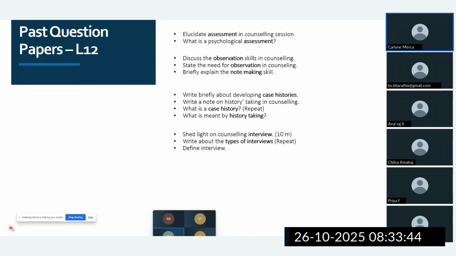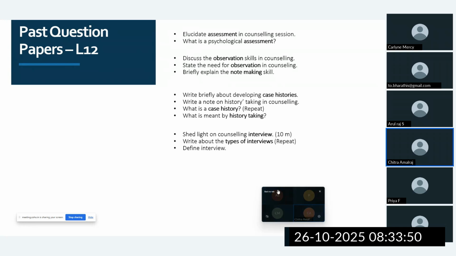Questions? Bharathi, awesome. You put a lot of effort into collecting data, also connecting them with the different tests. Thank you so much. It was very useful. Thanks, Chitra ma'am. Thanks to Carolyn. She gave me. Bharathi, actually, I missed it in between, but the way you prepare is so awesome.